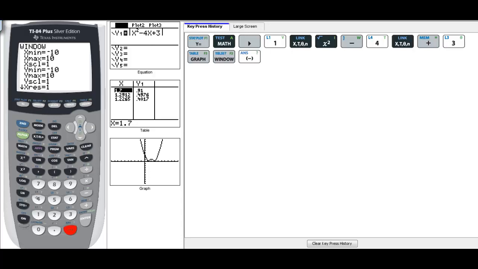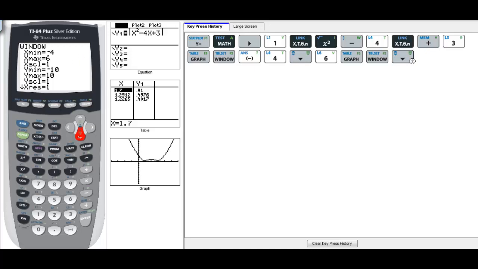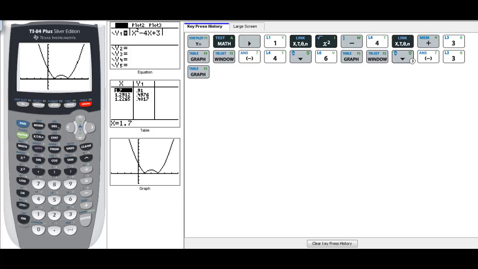X minimum will make about -4. X max, I believe we can make around 6. See what that looks like. And our y value, we can adjust the y minimum, and we'll make that a -3. Alright, and that should do for us.